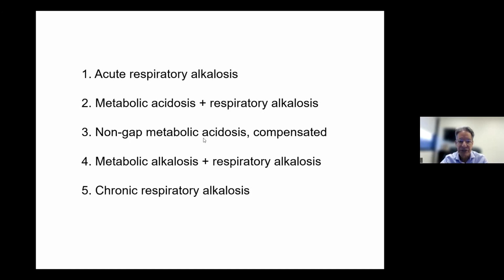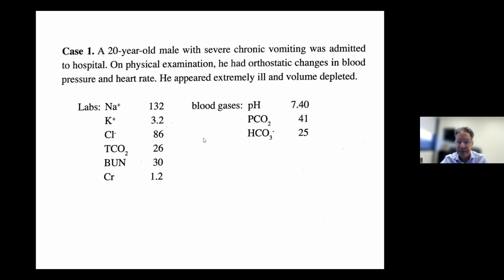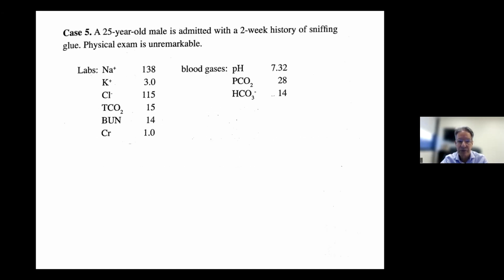All right, so let's go back here. So again, we have a drop in the bicarb. So it's either metabolic acidosis compensated or acute respiratory alkalosis or chronic respiratory alkalosis. And again, we just check and see if the changes are equal, in which case it would be a compensated metabolic acidosis.